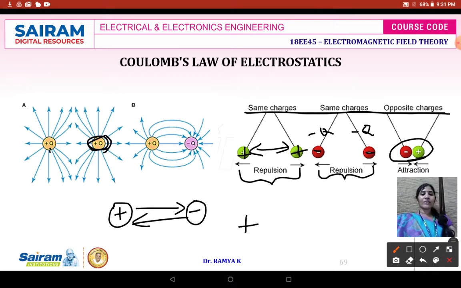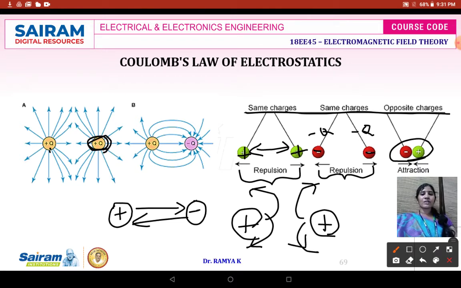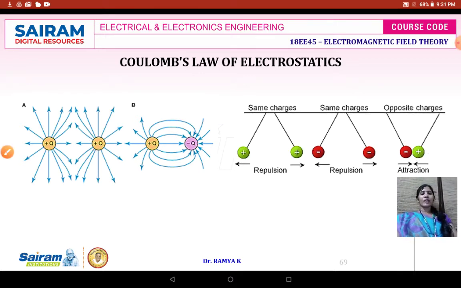Suppose you have like poles, the force experienced by this particular charge will repel the force experienced by this charge. Therefore, it experiences a repulsive force. So Coulomb's first law deals with the fact that like charges repel each other and unlike charges attract each other. Like charges will produce a repulsive force, whereas unlike charges will produce an attractive force.